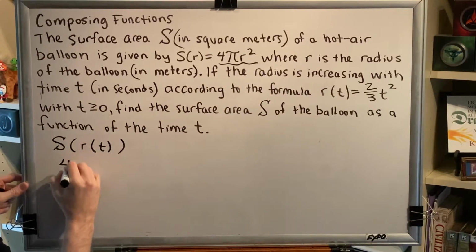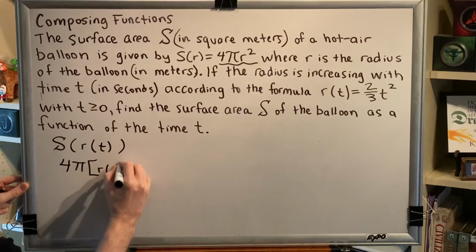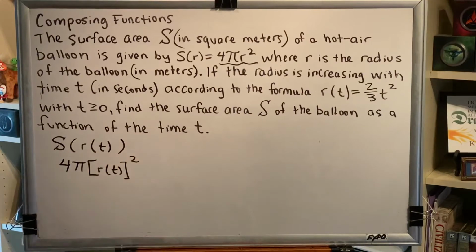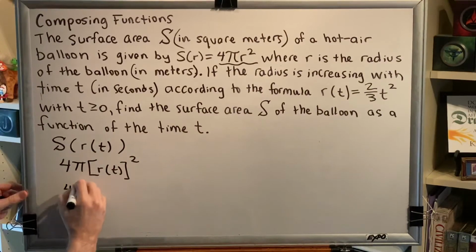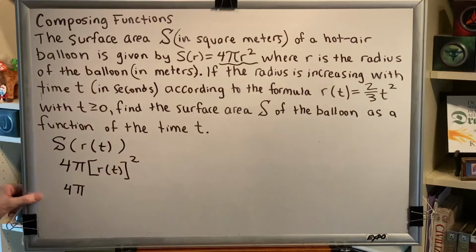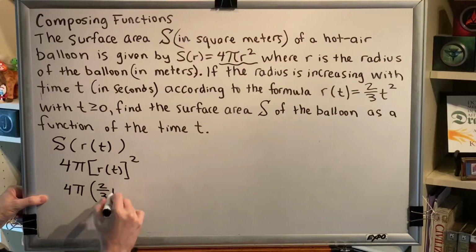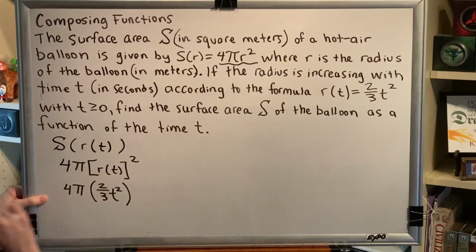So we get 4 pi r of t squared. In this problem, we are given that r of t is equal to 2/3 t squared. So now we make a substitution, and we write 2/3 t squared in place of the r of t.